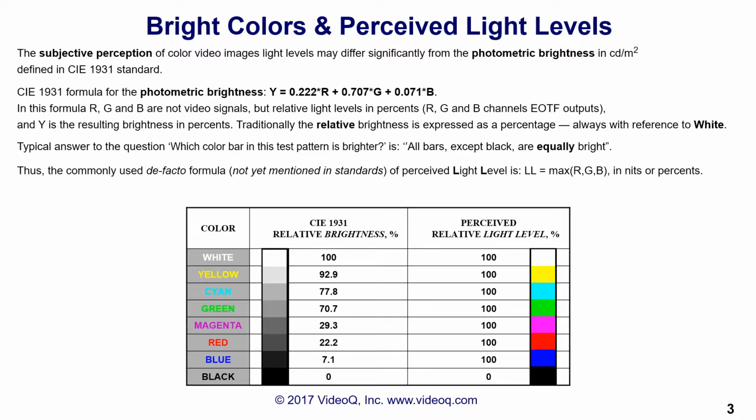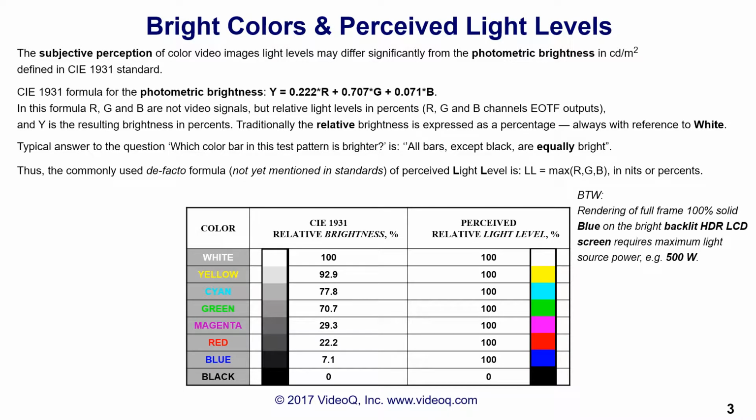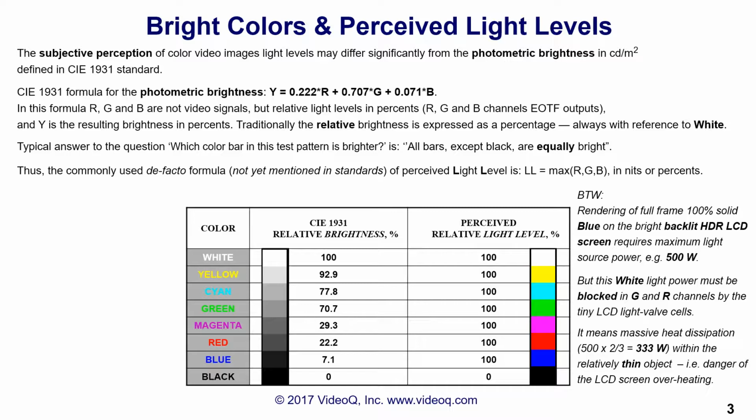This leads to the de facto formula of perceived light levels, measured in nits or percents, in which the weighted sum of the CIE formula is replaced by the max RGB function. So, the perceived light levels measured in nits coincide with CIE brightness values measured in candelas per square meter, but only for shades of gray.